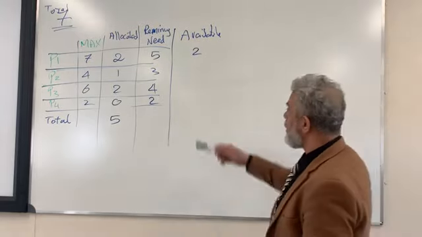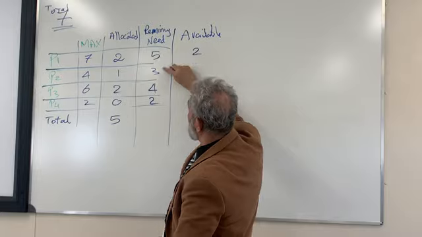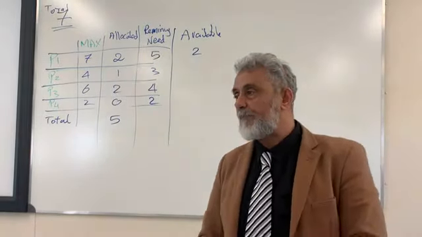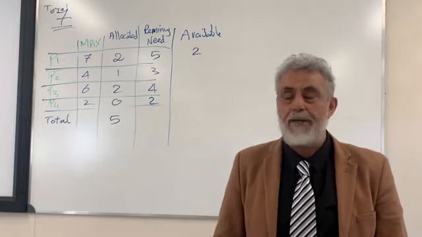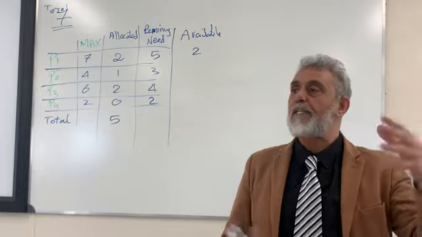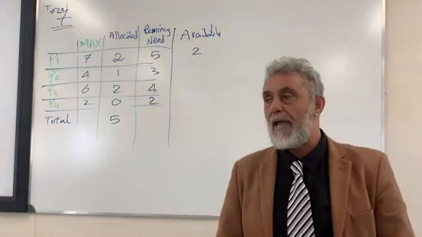Well, that's simple. You start, okay, we have 2, and this is what each process still needs. Remember, as we explained last time, a process needs, like a bank, somebody taking a loan for a project. This is why this is called the banker's algorithm.